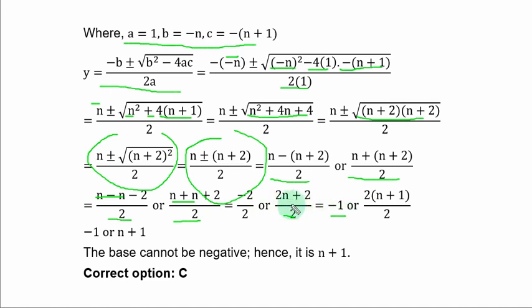If you factor out 2 from here, you have 2 bracket open n plus 1 over 2. By the time 2 we cancel 2, you have minus 1 or n plus 1. The base cannot be negative, hence it is n plus 1. So C is the correct option.